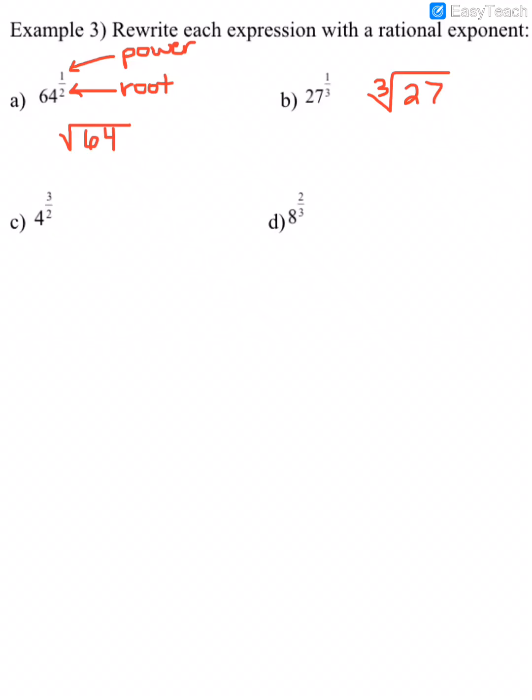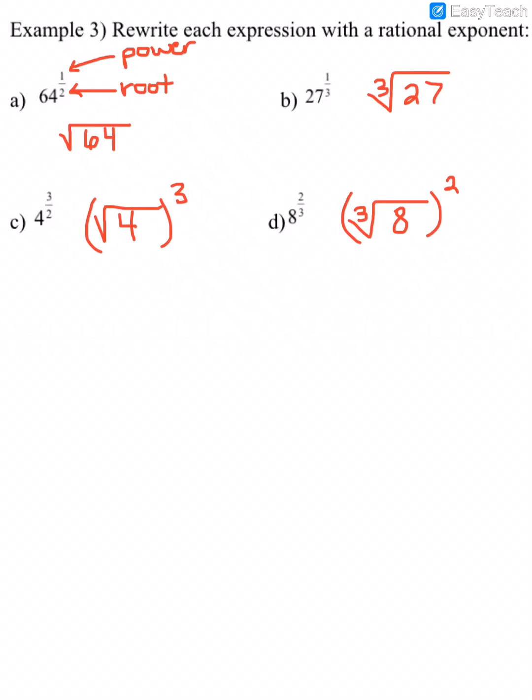So again, the bottom number is the root, so that's the square root of 4, and it's being raised to the 3rd power. All right, for number 8, that's 8 to the 2/3 power. So what is the index of my root? My index is going to be a 3, so it's the cube root of 8. And then my power is 2.